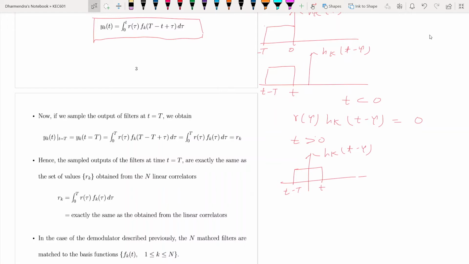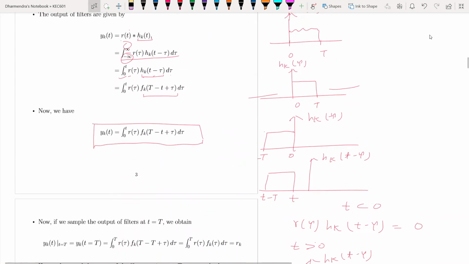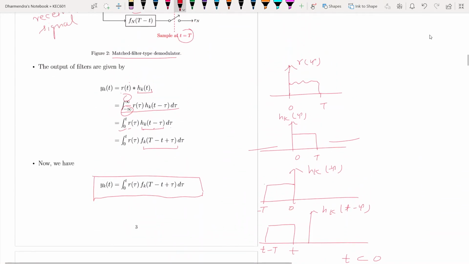So I have to integrate r of tau with h k of t minus tau, which is non-zero in the interval where tau lies between 0 to T. That's why we are writing this.